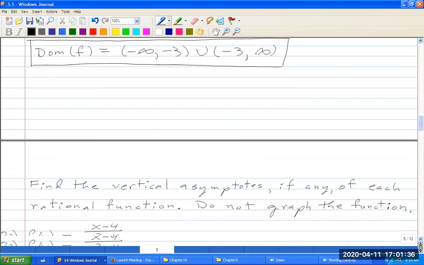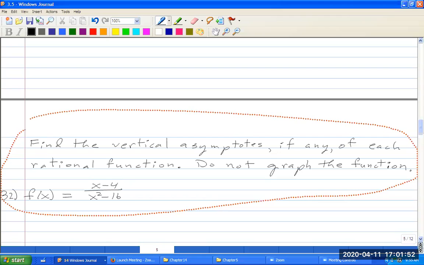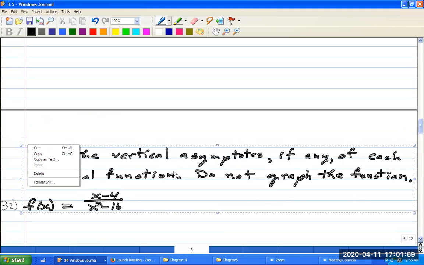Let me do problem 32. We might be able to move that whole thing down. Okay, there it is. Let's move this up for one second. Find the vertical asymptotes, if any. Again, we don't need to graph yet.